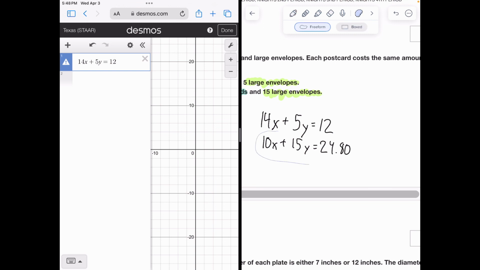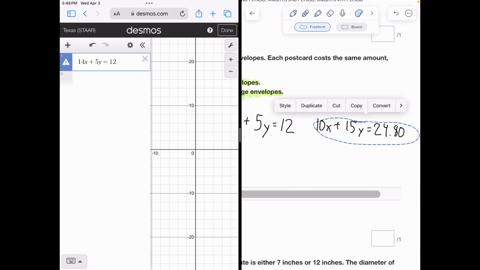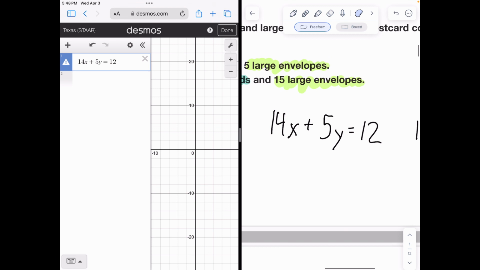I'm going to need to move things over on both of these. So let me move the second equation over to the side, and let's take a look at this first equation. Move it back over so we can see that. That first equation is 14x plus 5y equals 12.